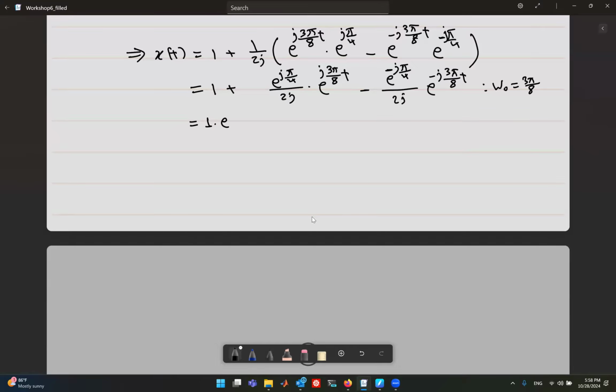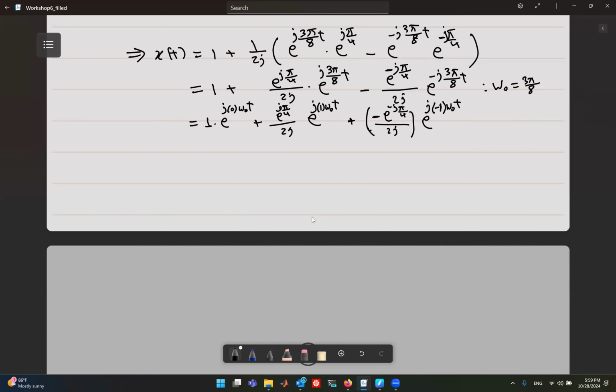And I also write this one in terms of omega naught. 1 times exponential j times 0 times omega naught t, plus exponential j pi over 4 divided by 2j times exponential j times 1 times omega naught t, minus exponential minus j pi over 4 divided by 2j times exponential j times minus 1 times omega naught t.